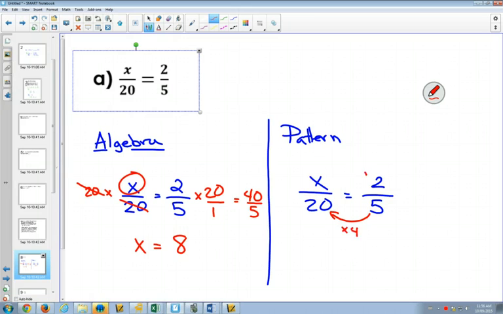Well, if I did the same thing up here, if I multiply by 4, what would x be? x would be 8. Same answer, quicker in the pattern way, but the pattern way only works nicely if you have nice numbers. If I had decimals here, 20.32 and 5.419, then you would want to go to your algebra way.